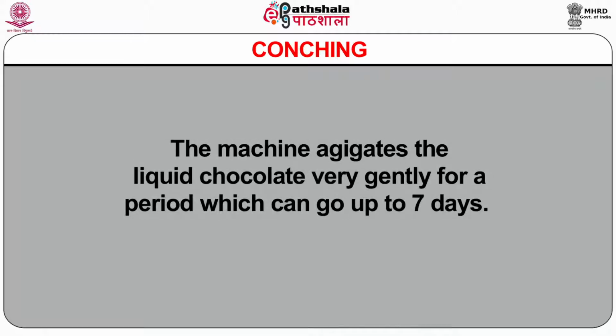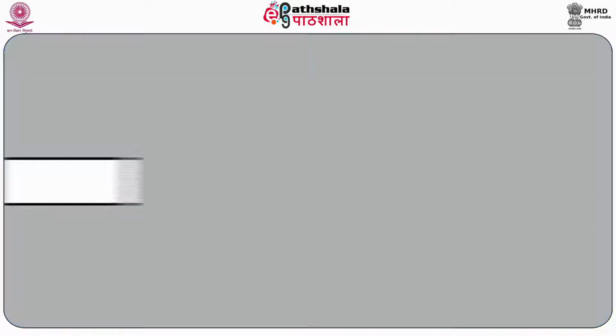The machine agitates the liquid chocolate very gently for a period which can go up to 7 days. This gives a velvety smoothness and reduces any bitterness present in the liquid. For cheaper brands, agitation is done just for 12 to 24 hours. Any flavor like vanilla, cinnamon or cloves can be added at this stage.